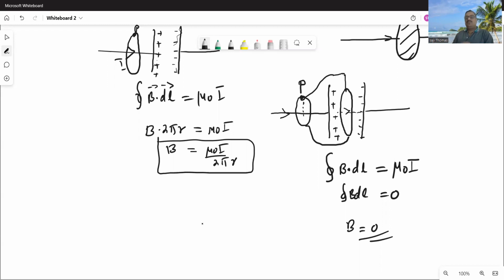So between the plates of the capacitor also, there is a current, due to the varying electric field. But remember, only if the electric field between the plates varies is there a current. That current is known as displacement current.